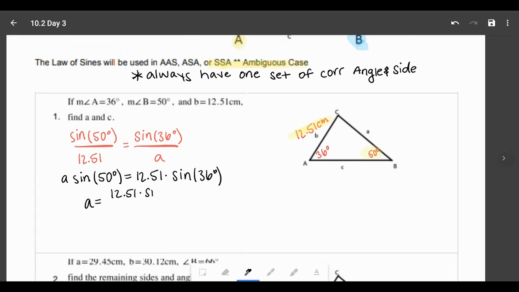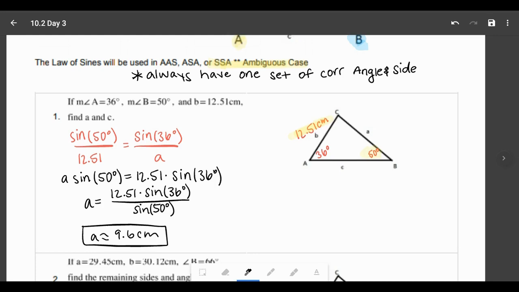The reason that I do that is so I can plug this whole entire fraction into my calculator and get the most exact answer that I possibly can without worrying about any rounding issues. And so when I plug this in, I end up getting that A is approximately 9.6 centimeters.